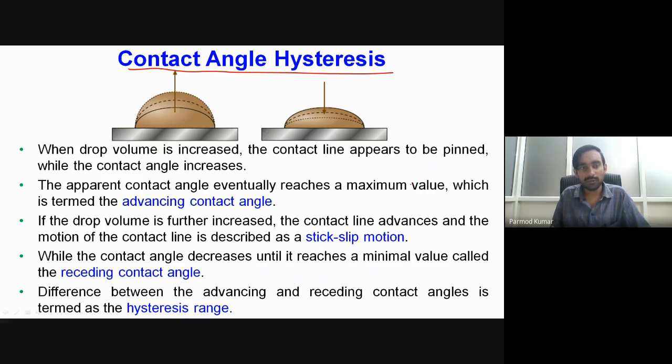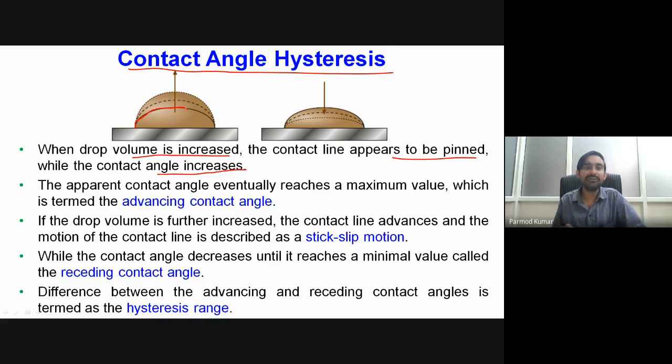Okay, so what is basically contact angle hysteresis? When a drop volume is increased, the contact line appears to be pinned while the contact angle increases. What we are trying to say over here is that you can see some initial drop profile resting over a solid surface.